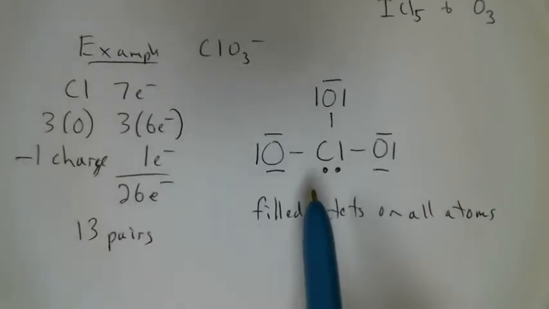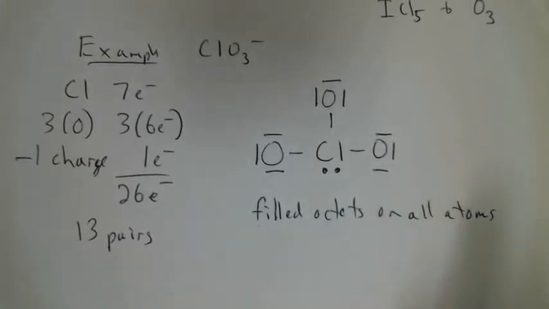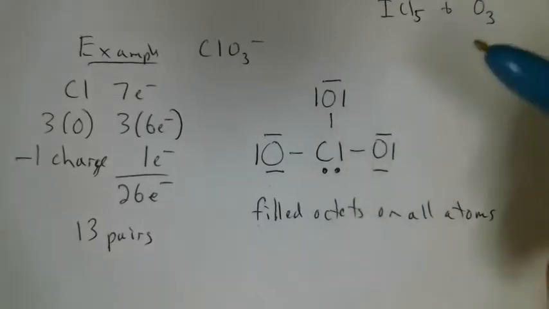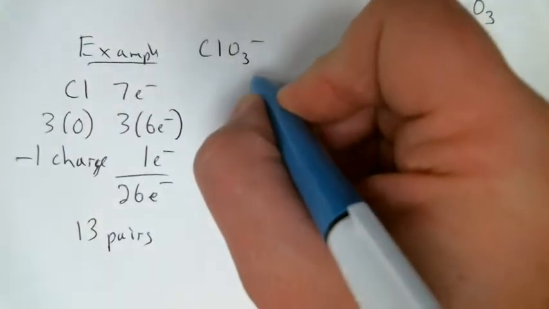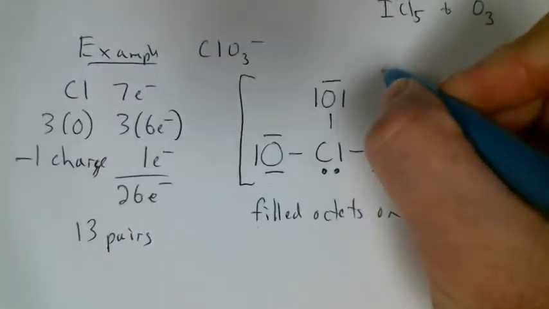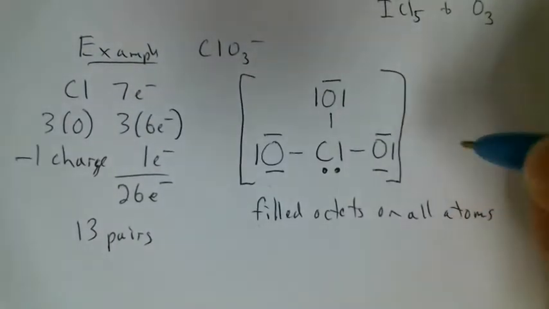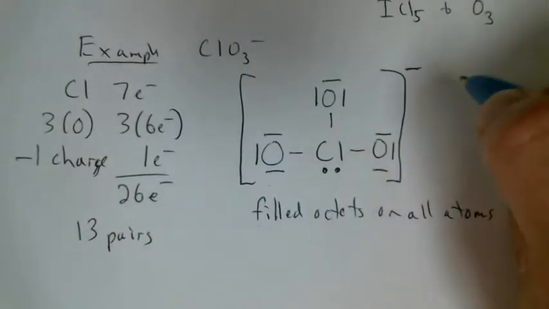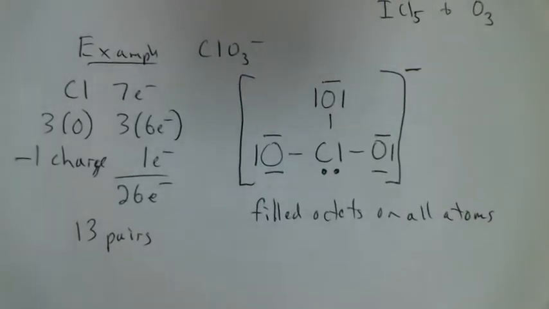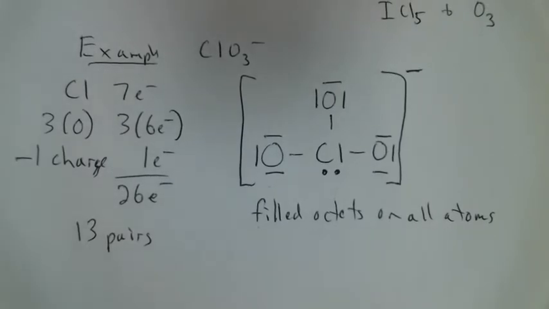Before I do that, for polyatomic ions, there's one other thing we have to do. On paper or in the book, we're going to put square brackets around the structure. And then it has a -1 charge, so we'll put that minus. If it's -2, you put -2, and so on.